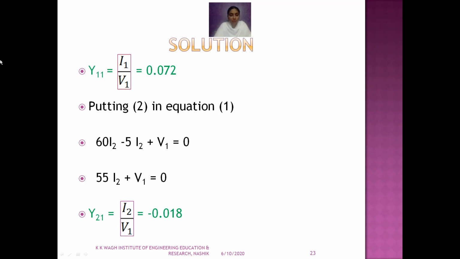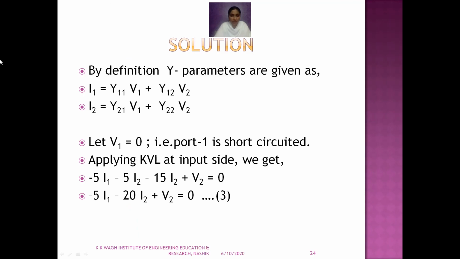So I am obtaining the KVL equation in terms of I2 and V1. So 60 I2 minus 5 I2 plus V1 is 0, that is 55 I2 plus V1 is equal to 0. So Y21 is I2 upon V1, which is equal to minus 0.018. Again, by definition, the Y parameters are given.